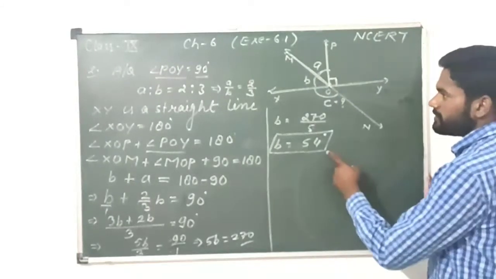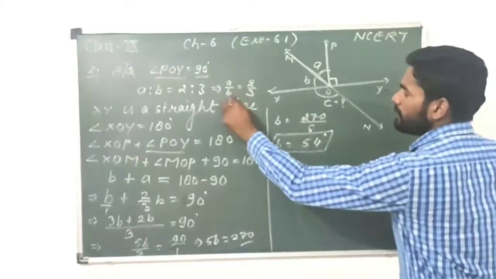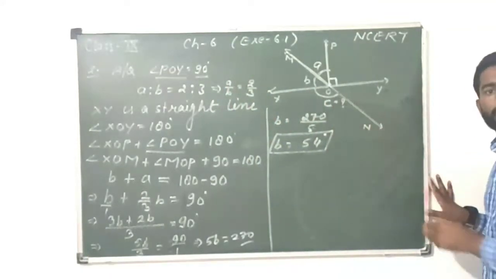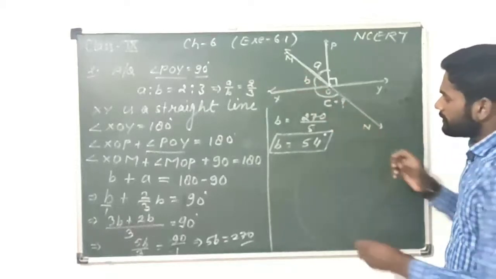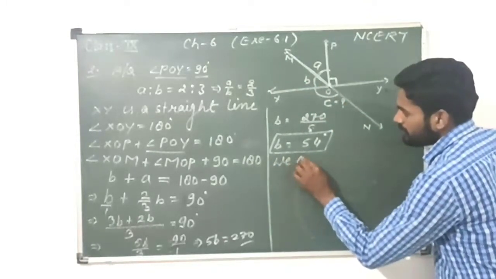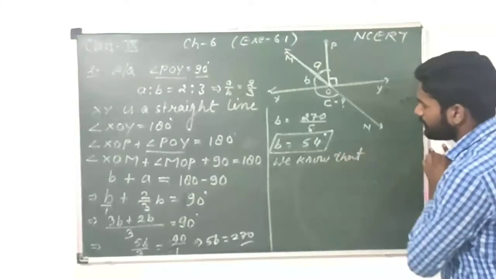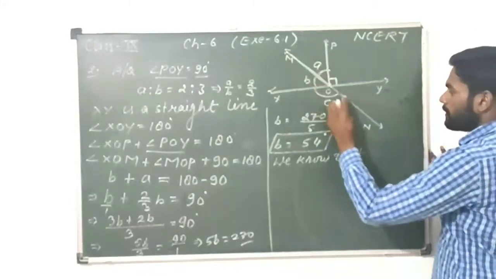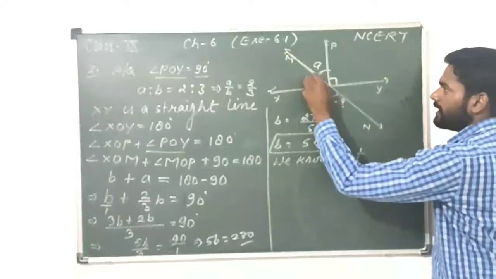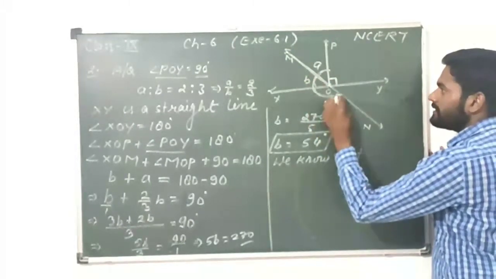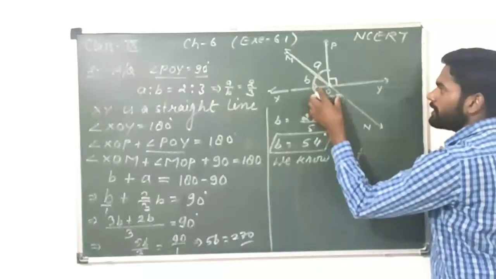Now we need the value of A; for that you can put the value of B here and cross multiply, and A will come. But now we need the value of C. We know that MON is also a straight line, so this angle is equal to 180 degrees, and the complete angle is the sum of this one and this one.